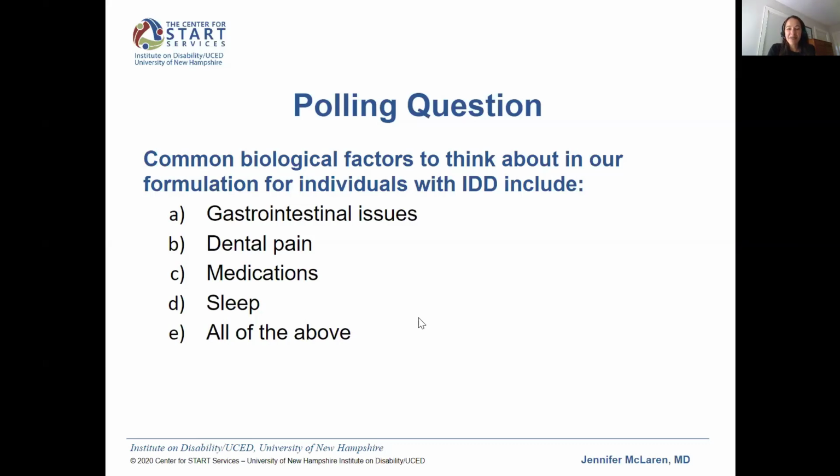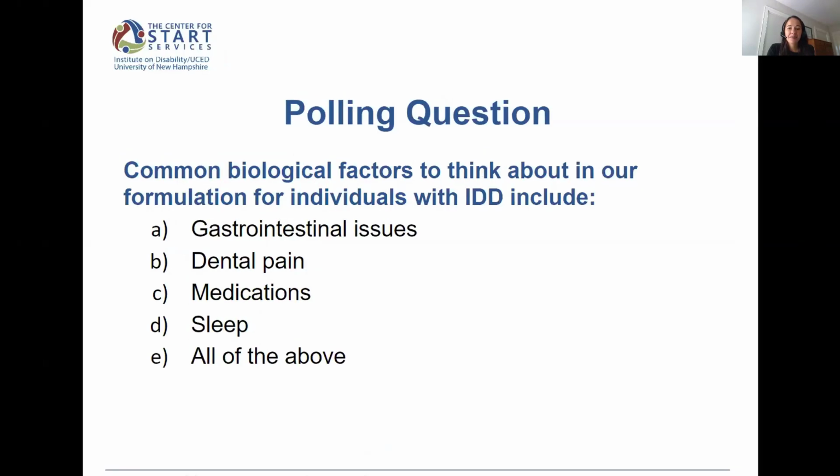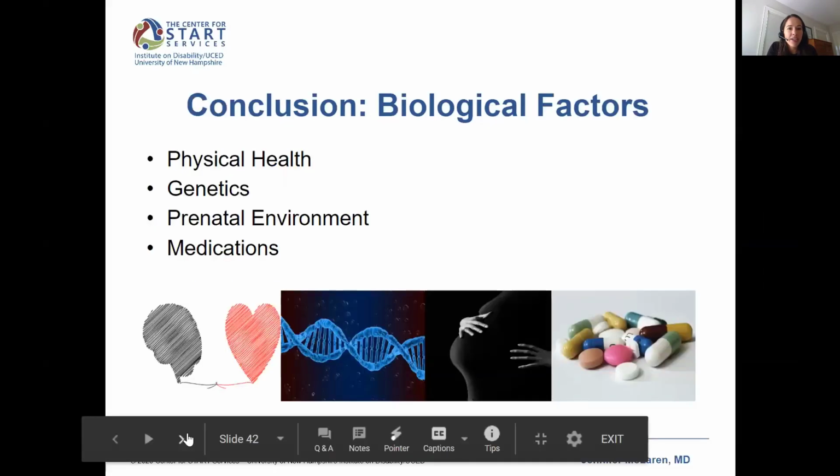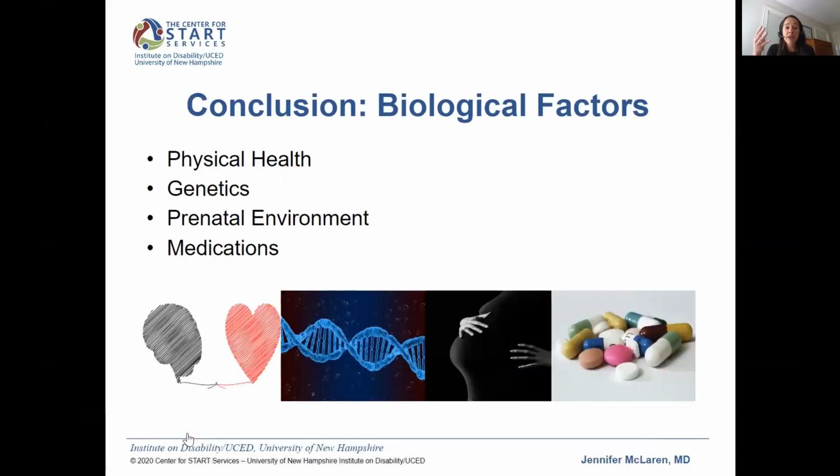Good job, 100%. So remember our 4 biological factors that you want to think about as part of your biopsychosocial formulation.